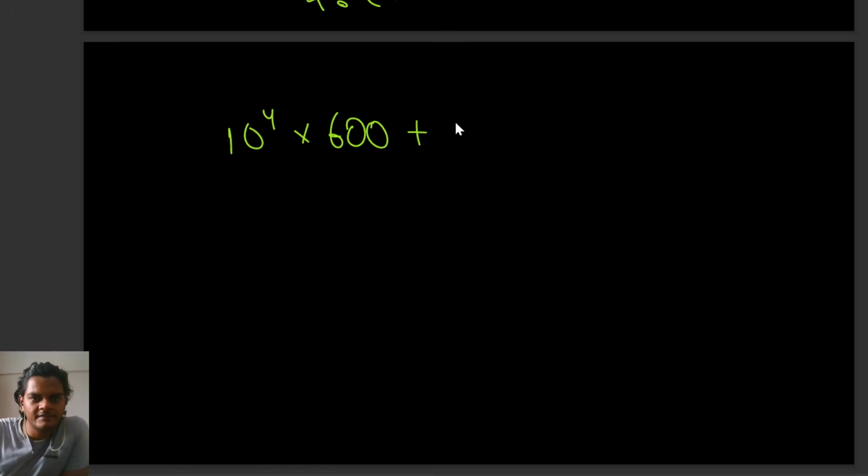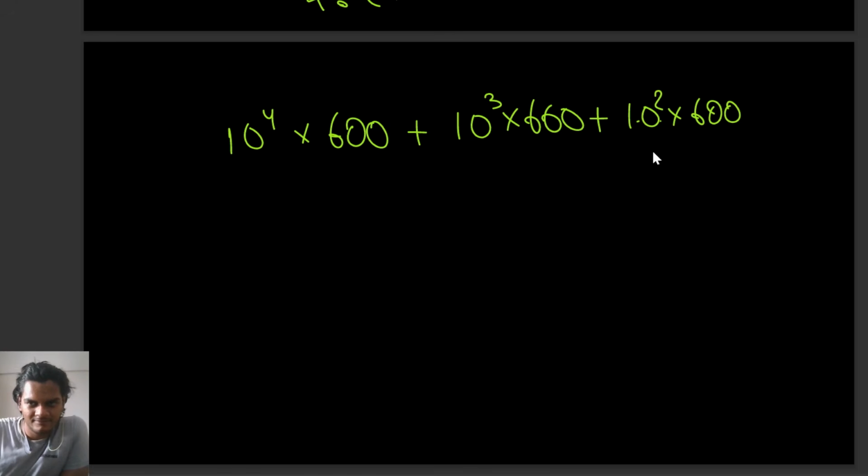What happens when I do the sum of all numbers? The first place, which is 10 power 4, will have into 600. Second place, 10 power 3 into 600, plus 10 square into 600, 10 into 600, and 1 into 600.